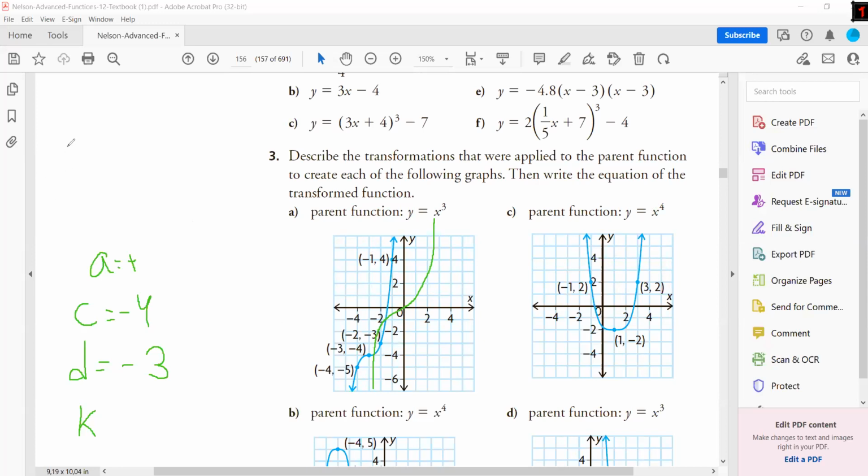So we have to match corresponding x and y coordinates from the parent function with the new x and y coordinates in the transformed function. We already know for sure that it's translated by -3 and -4 in the x and y axes.